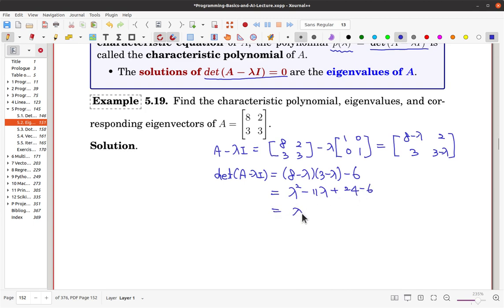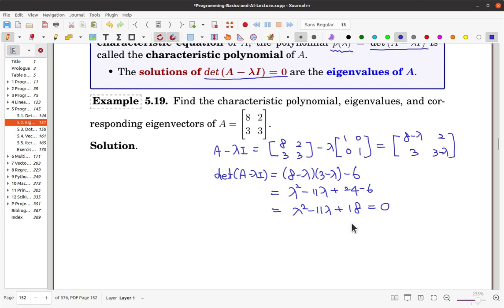So we have lambda squared minus 11 lambda plus 18 equals 0 as the characteristic equation, and this portion is the characteristic polynomial. Now we have to solve this equation to get the eigenvalues.